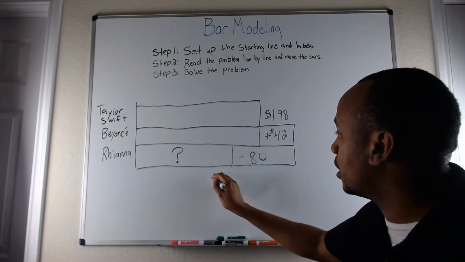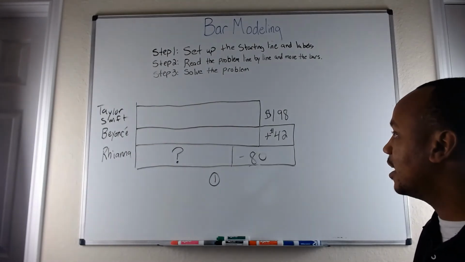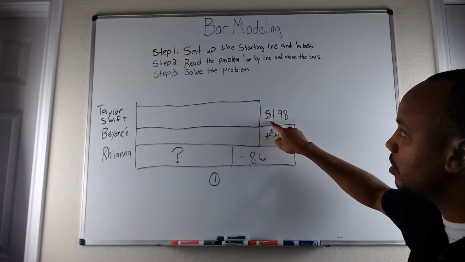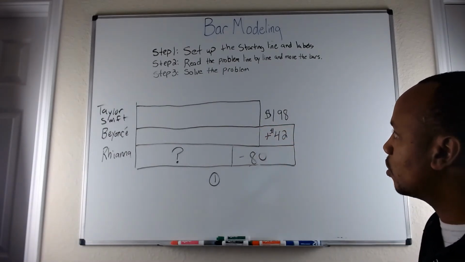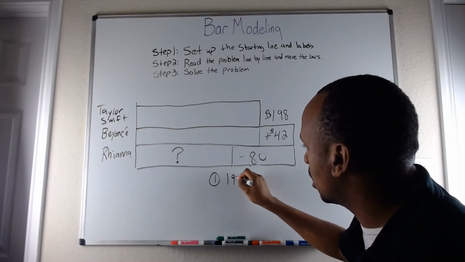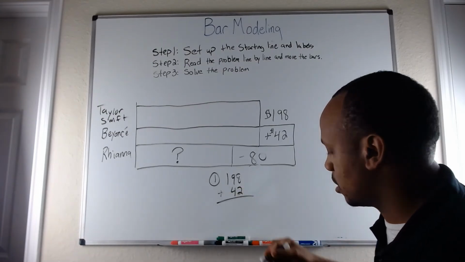So step one is, if Beyonce's is Taylor Swift's plus $42 more, then step one would be $198 plus $42.